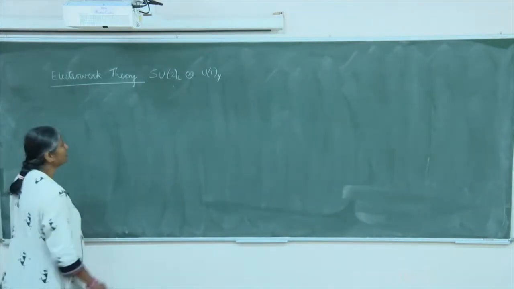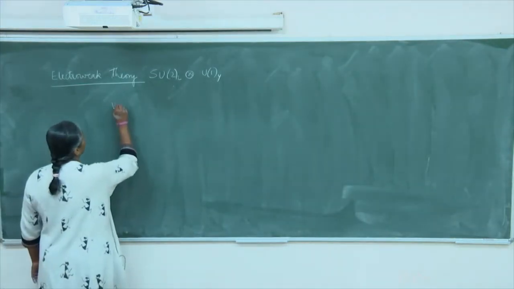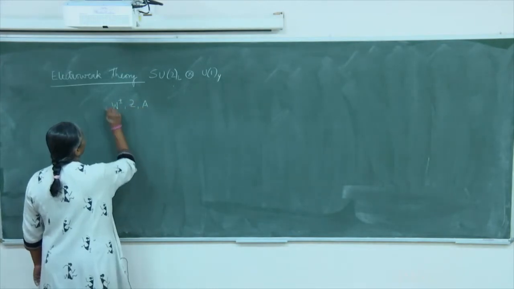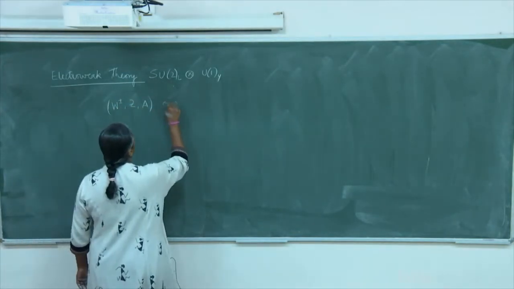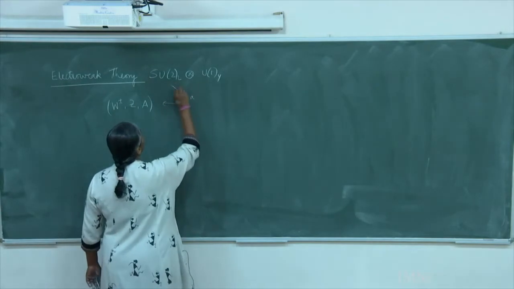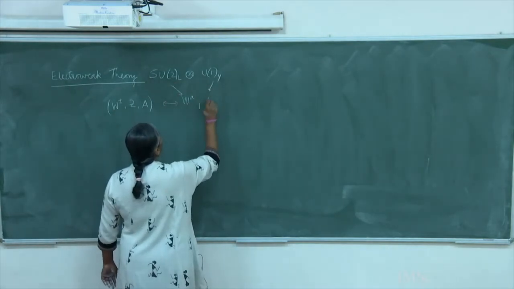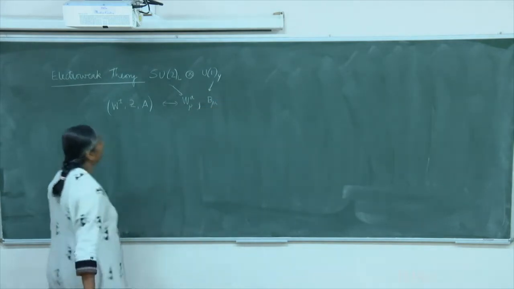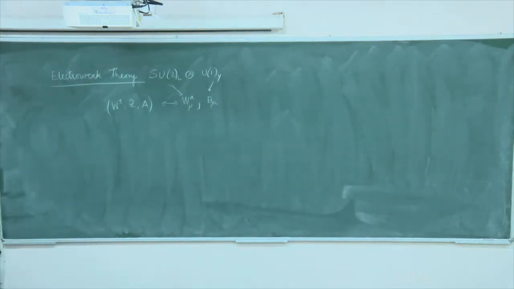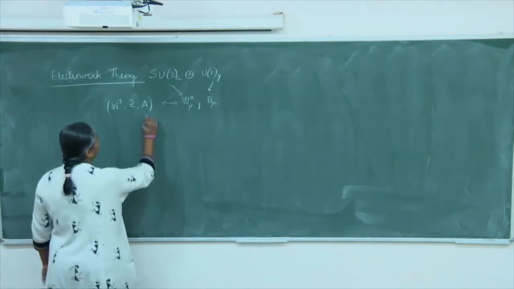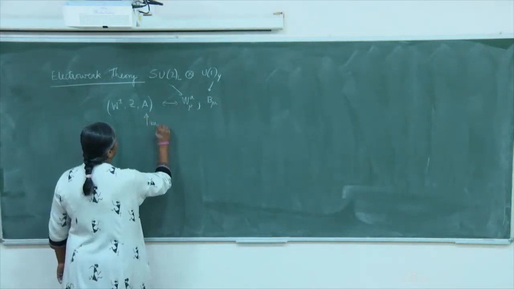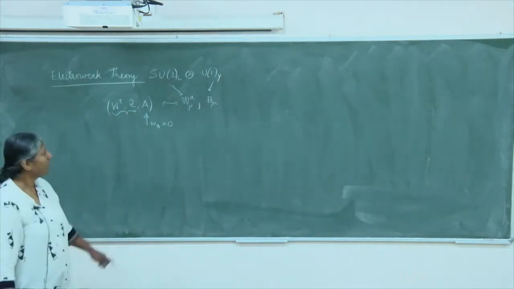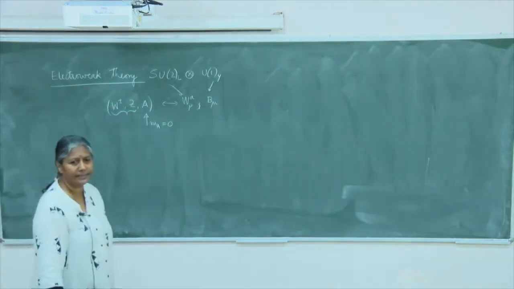So you can see what it is that we require. We have W plus, W minus, Z and A, which are actually coming from W^A of SU(2)_L and B of U(1). Of this, the A field must remain massless, and these three must acquire a mass, and W plus and W minus must acquire the same mass.